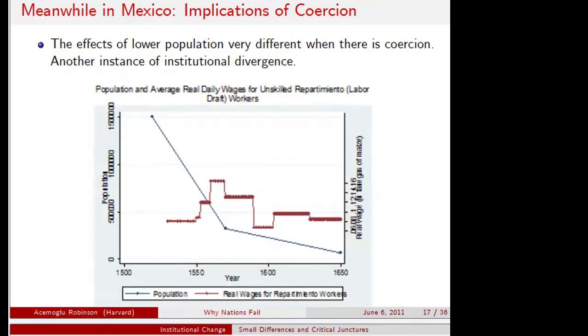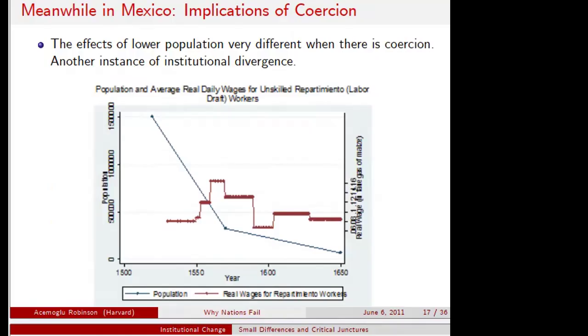But in colonial Mexico, nothing of the sort happened. Wages stayed flat or actually fell, even as the labor force collapsed catastrophically.